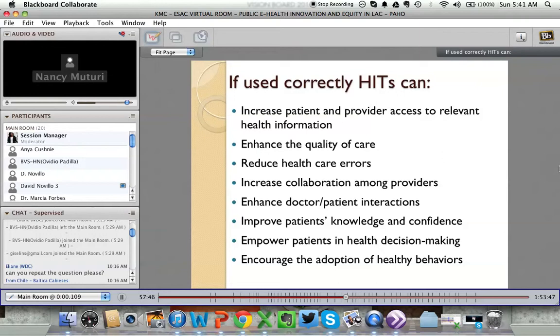Other examples include doctor-patient interactions. Sometimes you don't even need to go to the doctor. You can interact through the website or through other communication technologies. Patients get empowered, so they are not just there with the doctors to listen, but also to participate in decision-making. At the same time, it encourages them to adopt health behaviors.